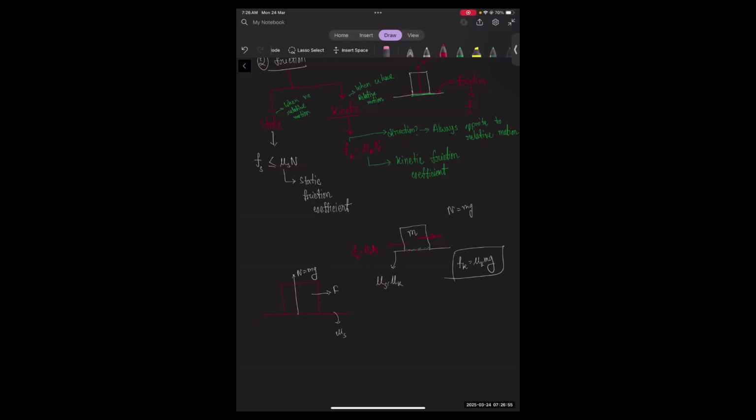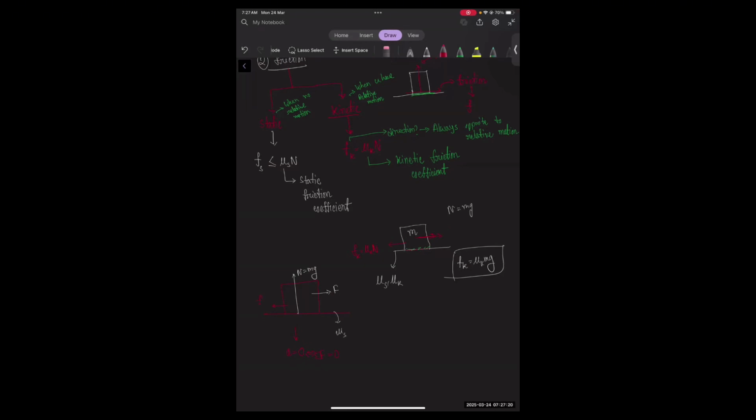Now you keep increasing F little by little, but it's still not moving. Since it's not moving, there has to be another force in this direction. Because remember, not moving means acceleration is 0, and acceleration 0 implies the sum of all forces is 0. So other than your applied force, there should be another force in the horizontal direction.